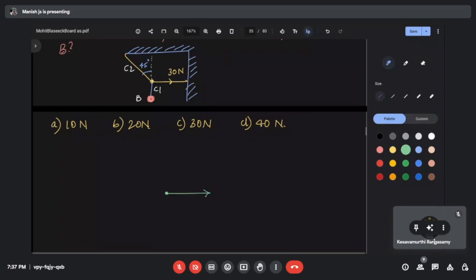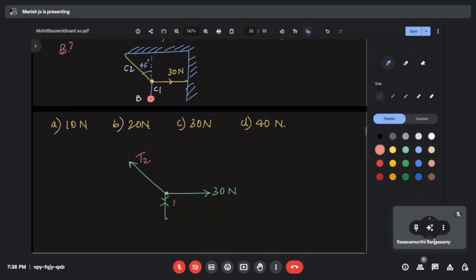One is already given in the question, 30 newtons to the right. Apart from this force of 30 newtons, they are mentioning two cords, namely C1 and C2. C2, you can see, is diagonally inclined to the left. We can represent it using a tension, so I will call it T2. In the same way, downwards you can see there is another cord, which is also going to have tension acting both upward and downward.